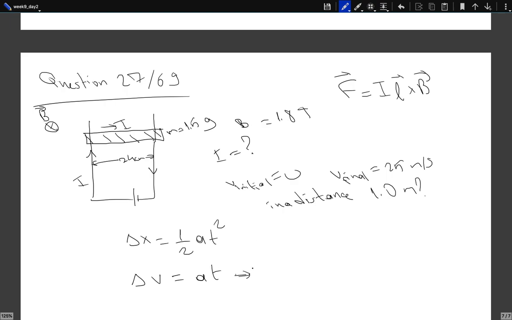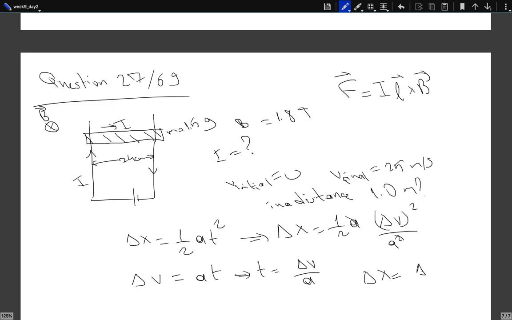Well, the t is just delta v over a. So this tells me that delta x should be 1 over 2a times t squared, where t squared is delta v squared over a squared. So delta x should be equal to delta v squared over 2a.